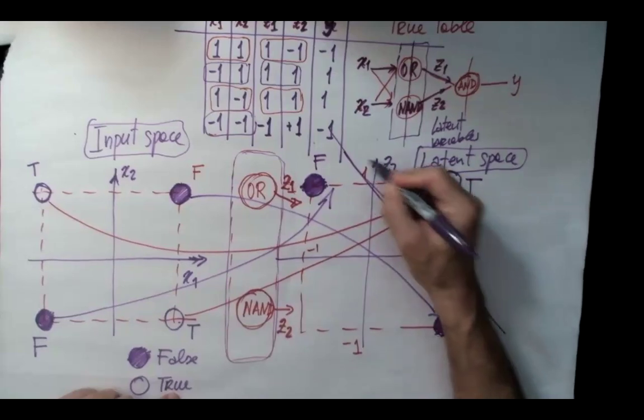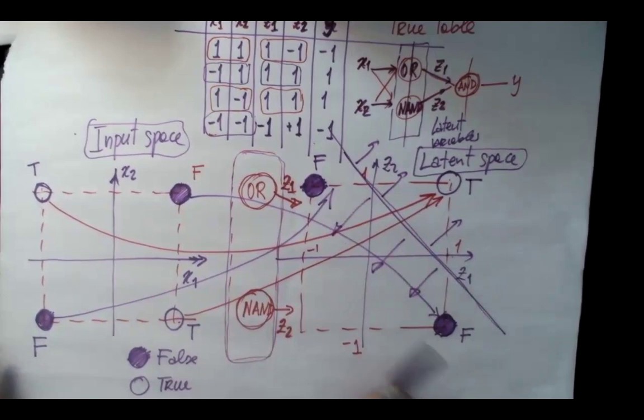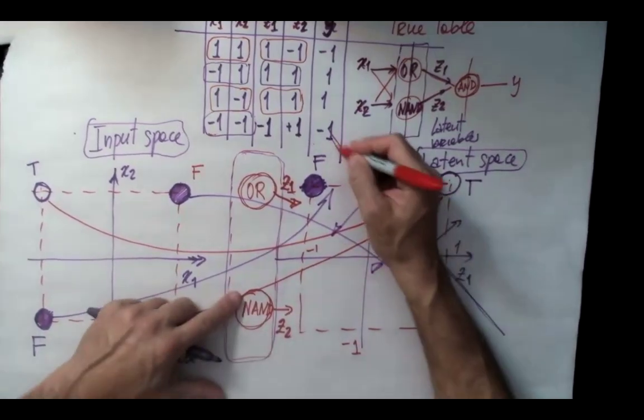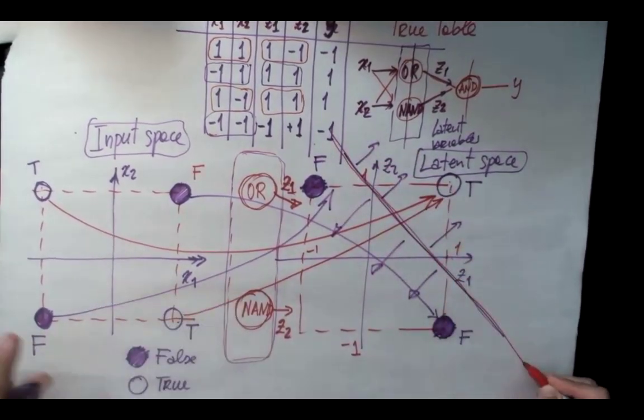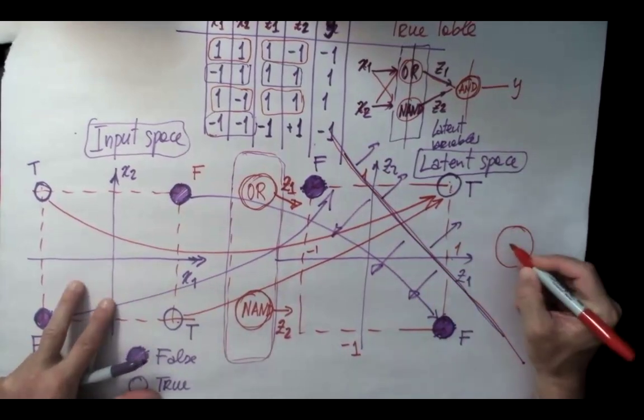You see, now in the latent space I can use a linear perceptron, which is basically the AND gate.